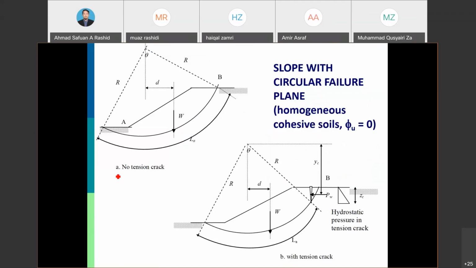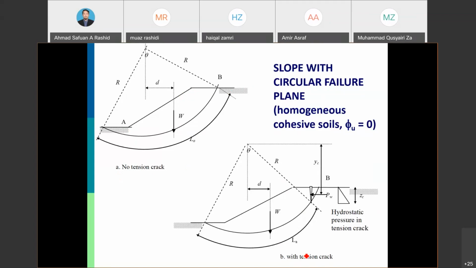First, with no tension crack, maknanya the slope is perfectly constructed. Let's say due to improper slope construction, it has a tension crack.